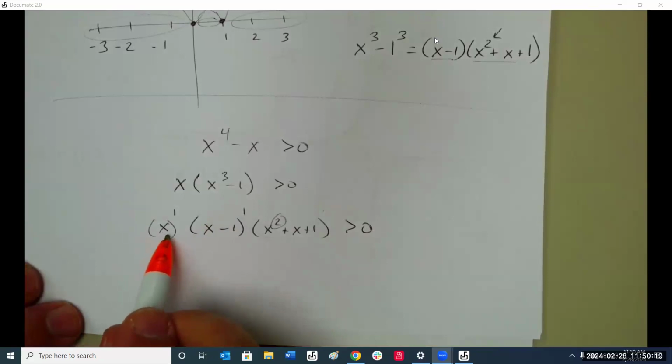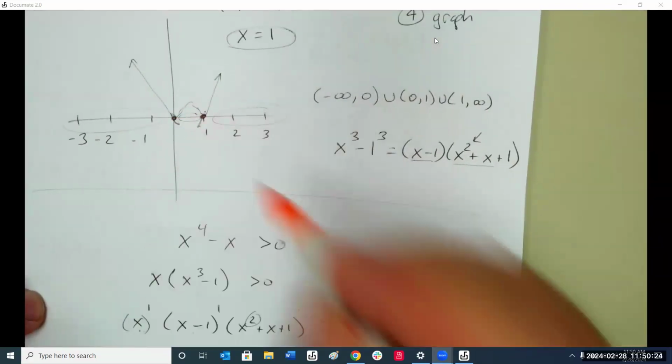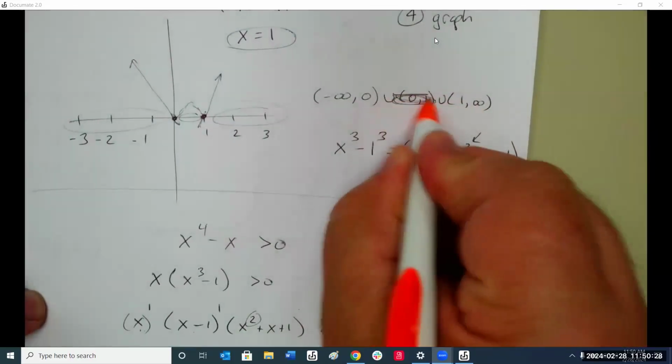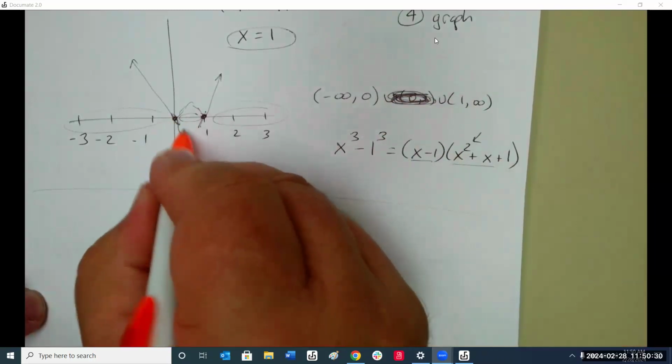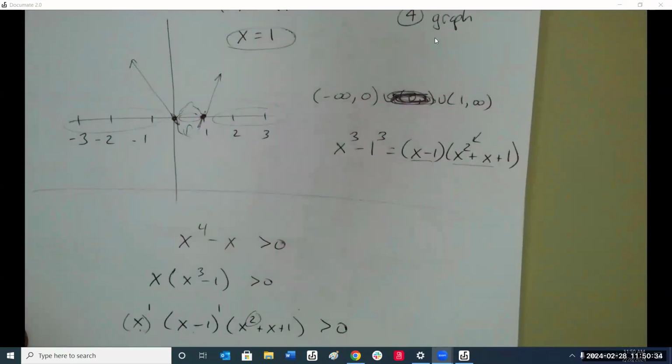So why is that important? Because at 1 and 0, the graph crosses the x-axis, so that part is not included. And whatever happens underneath here, we have to plot points.